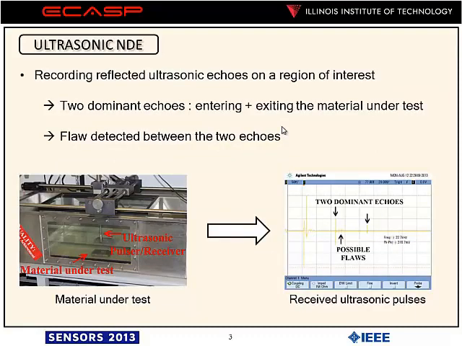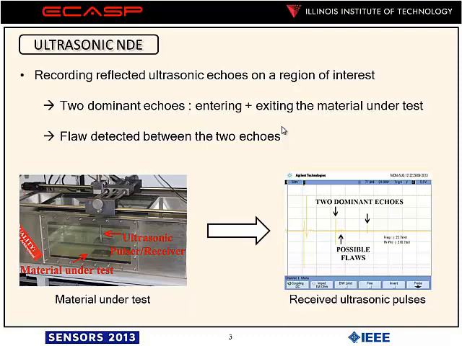One example of NDE is that we can utilize ultrasonic data. As many of you know, for ultrasonic non-destructive evaluation, we look at the two dominant echoes found when the wave is entering and exiting the material, and for possible flaws in that material, we can detect them based on the ultrasonic data.